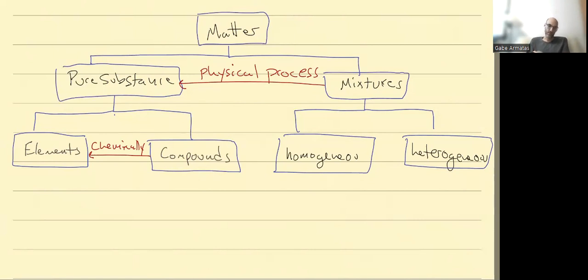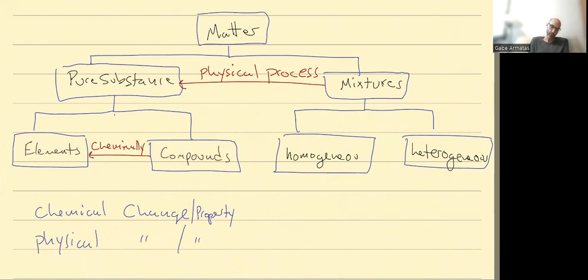And with a physical process and a chemical process, we have to recognize that we have two different categories of processes or changes. So a chemical change or property versus a physical change or property.